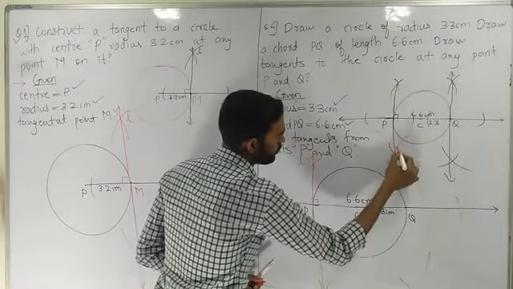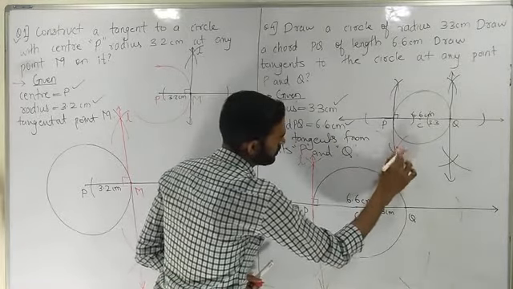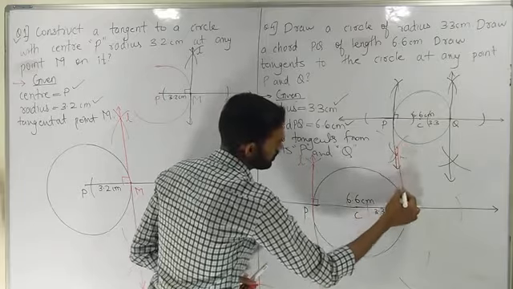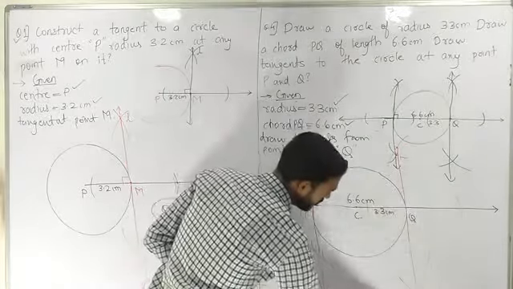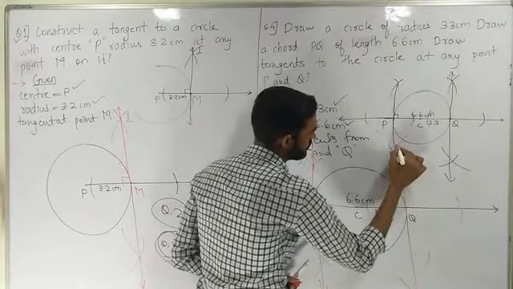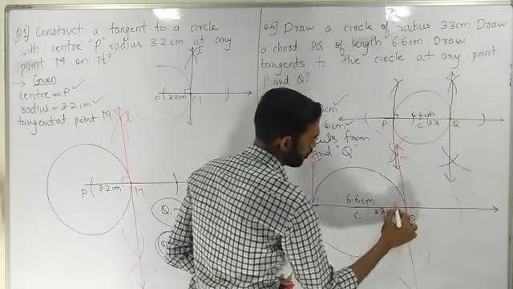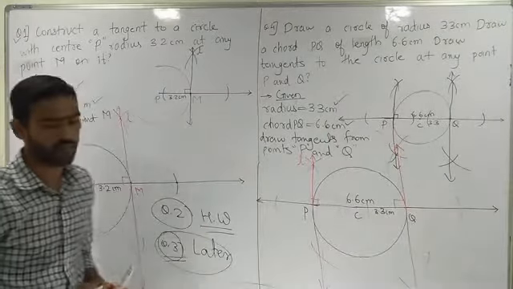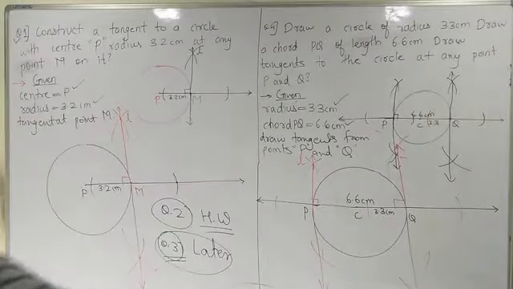And now I'll join these 2 points. One more tangent. So this way we have drawn 2 tangents from the given chord PQ.